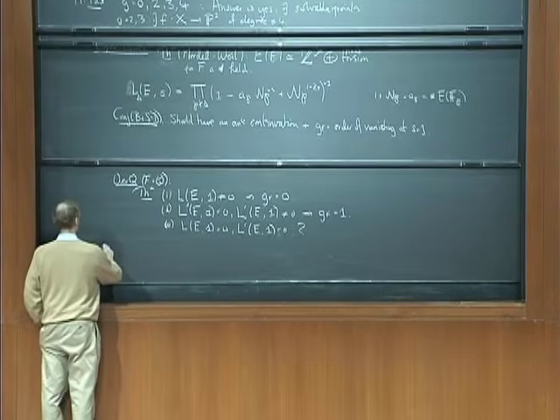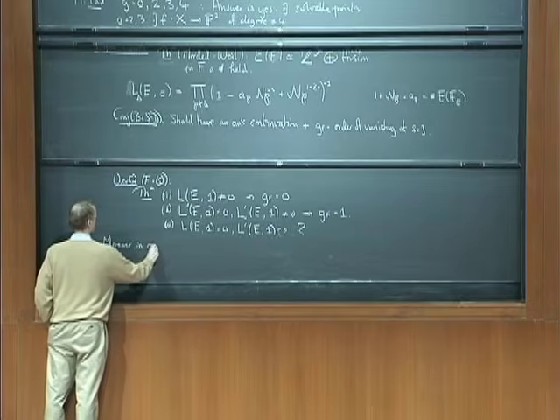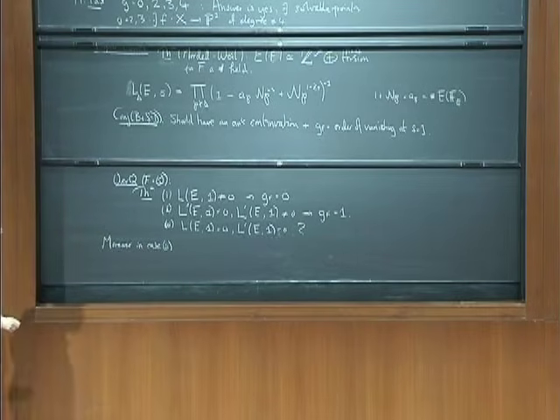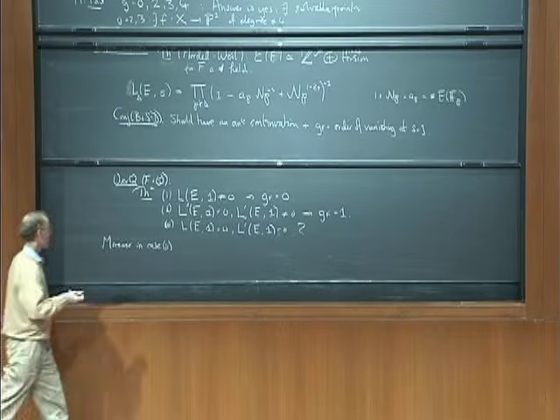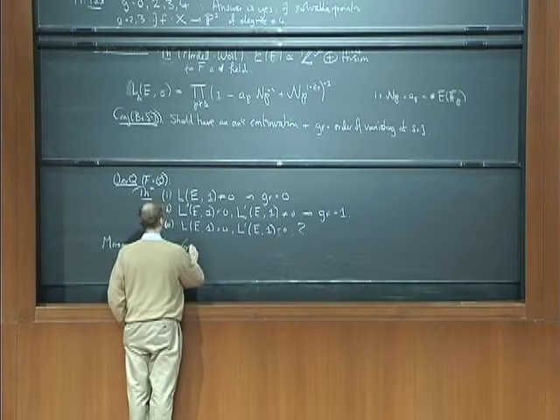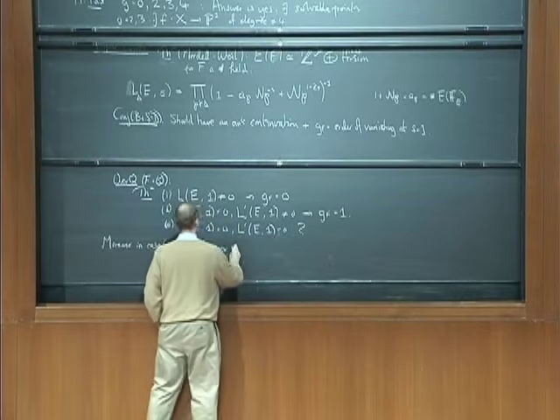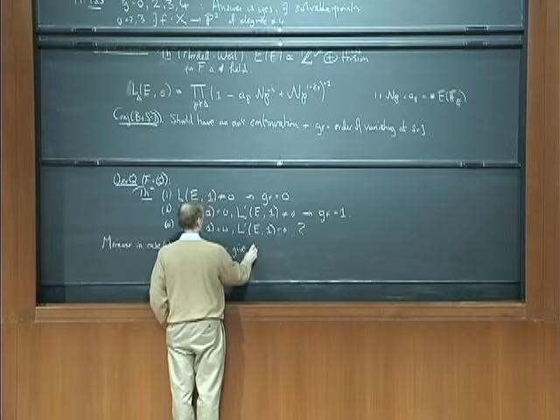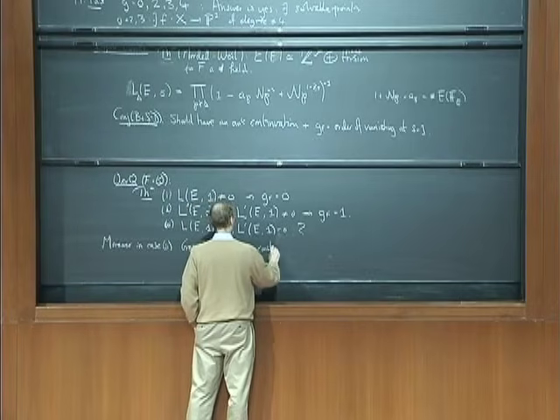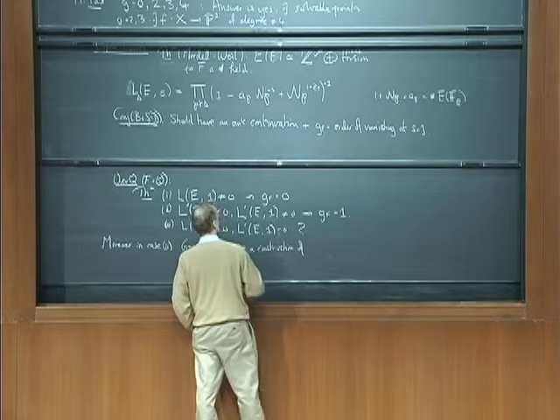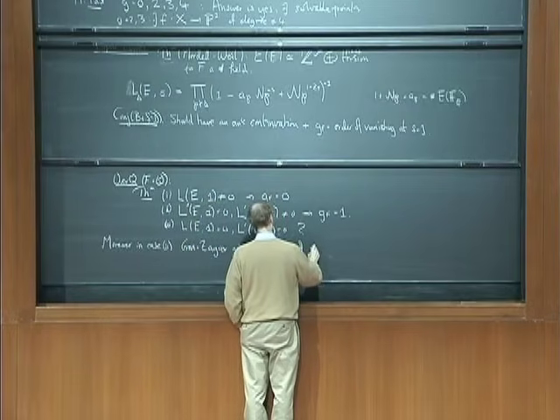Moreover, in case 2, Gross and Zagier actually give a construction of a point of infinite order.